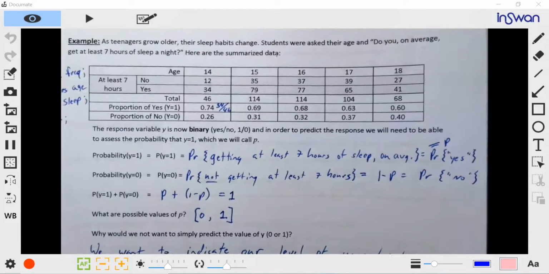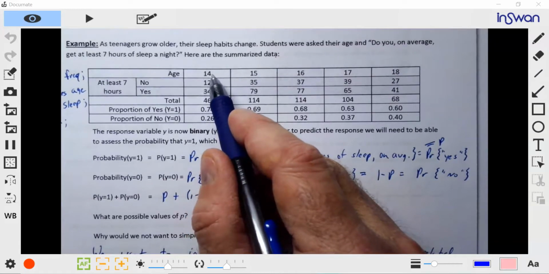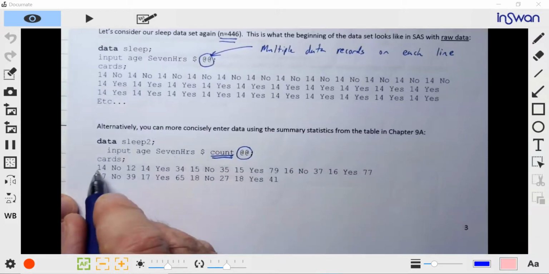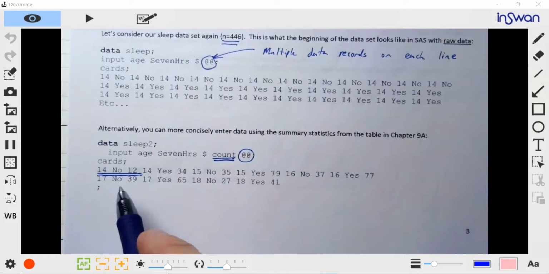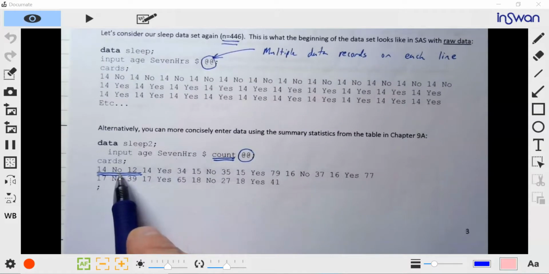So for this first cell, there were 12 students who were 14 years old and said no, they did not get at least 7 hours of sleep. So here, we enter those 12 students right here in our data set. So they're age 14, no, they did not get 7 hours of sleep, and the count is 12.